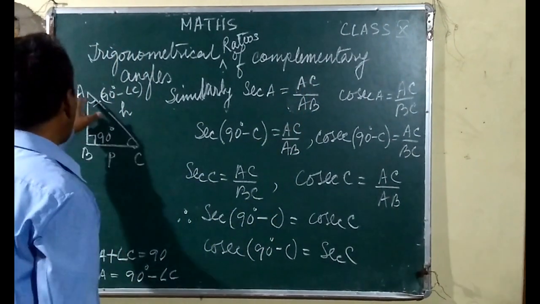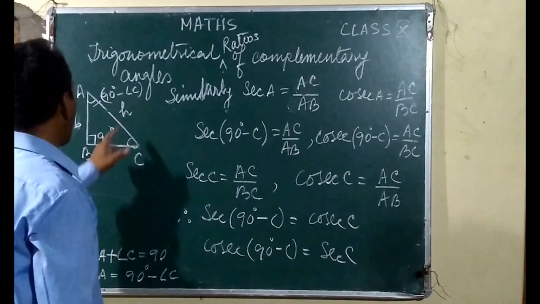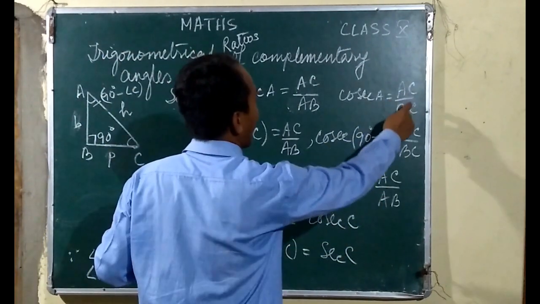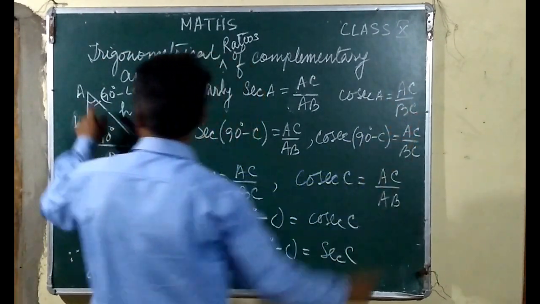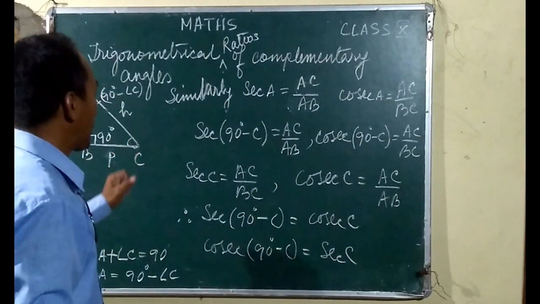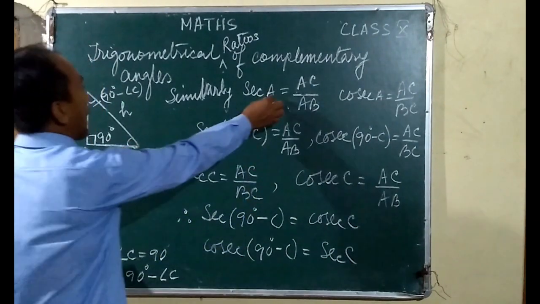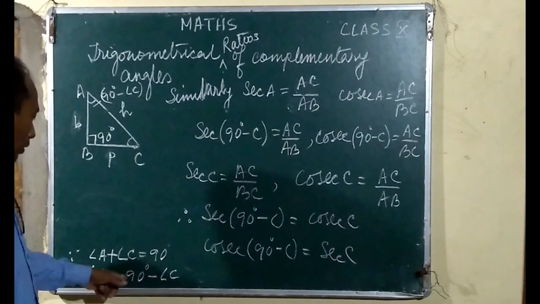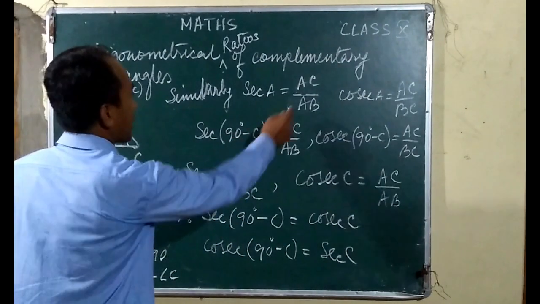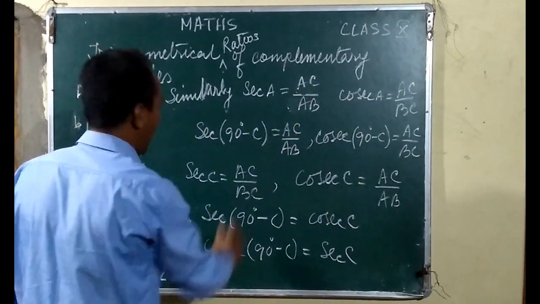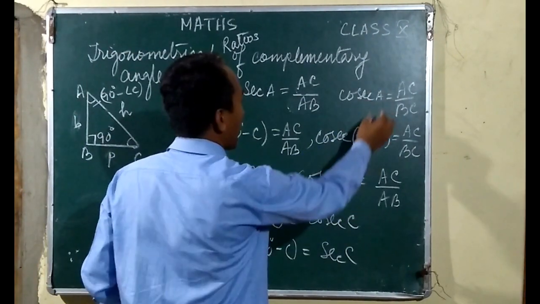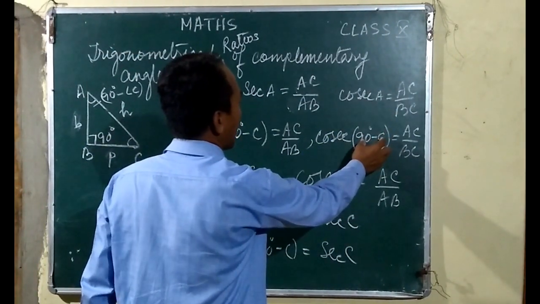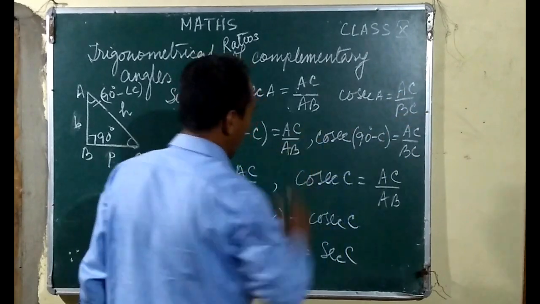Similarly, cosec A is hypotenuse by perpendicular, AC by BC. AC is the hypotenuse, BC is the perpendicular. So in place of A, we will put the value 90 degree minus C, the ratio remains the same.